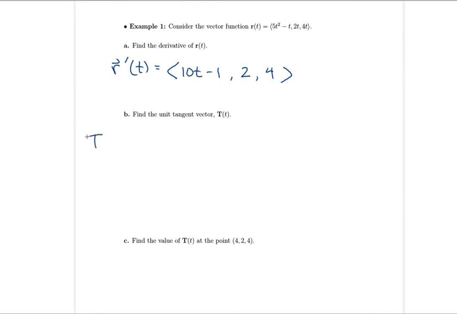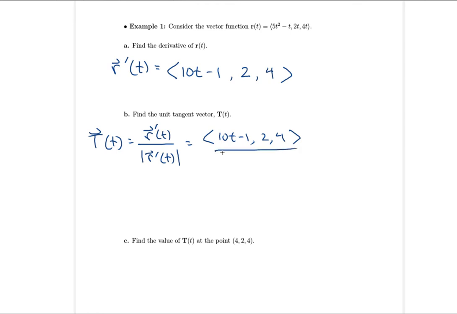Okay, so that means that I'm going to take r prime of t divided by the magnitude of r prime of t. So that's going to be 10t minus 1, 2, 4, divided by the magnitude, which will be the square root of the x component squared plus the y component squared plus the z component squared.